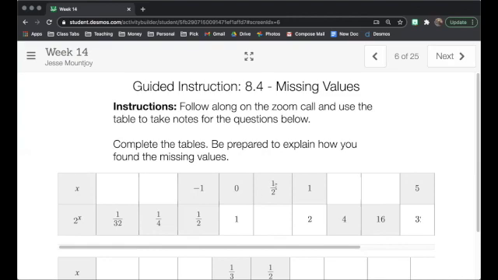So what would happen if I plug in a half? So 2 to the 1/2 power. Well, if you remember, 1/2 power means square root. So if you don't remember that, just type in SQRT, and then you can put 2. And Desmos automatically rounds it to 1.414. That is the square root of 2.